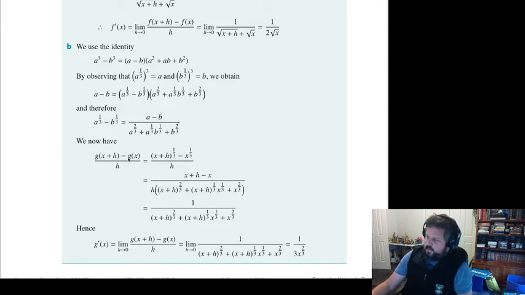Again, using first principles, we've got the function here, which was g of x. Rewriting it out, it's going to be this one here to a third, take away x to the power of a third. Again, applying the same process as we did in the previous question to simplify things down.